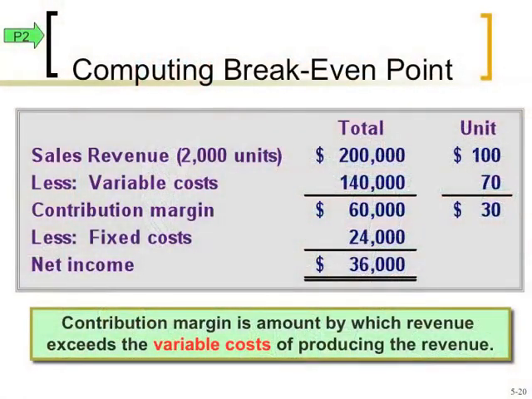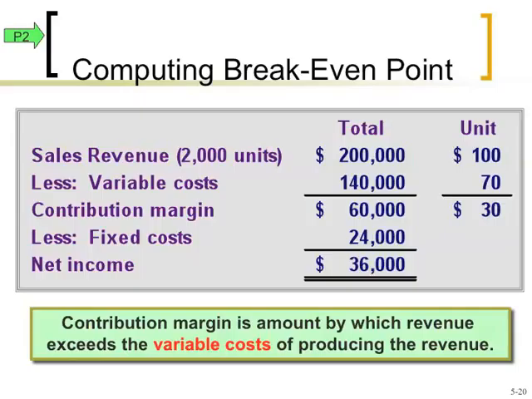So if we go to slide 20, what we'll see is that we have our revenue, and we're going to deduct all our variable costs, and we're going to get a new calculation called contribution margin, and we can do that either in total or on a per unit basis.